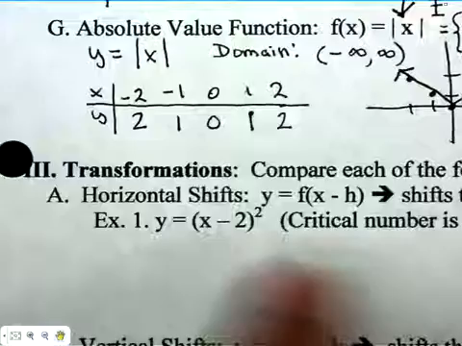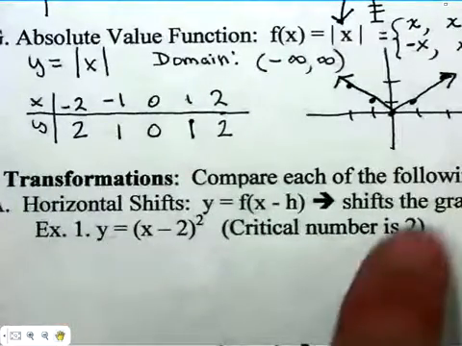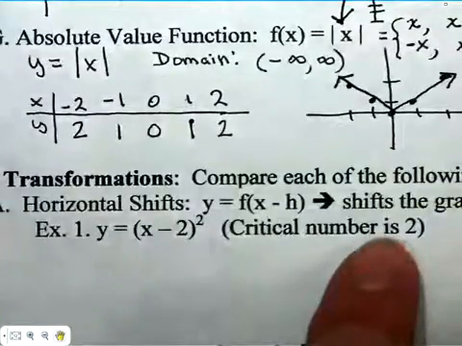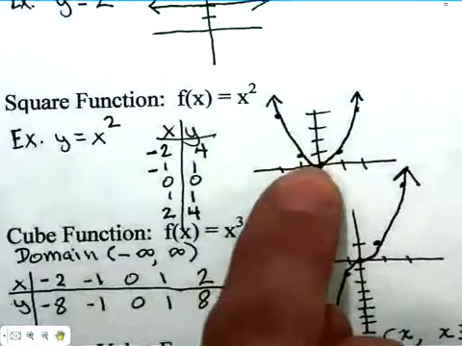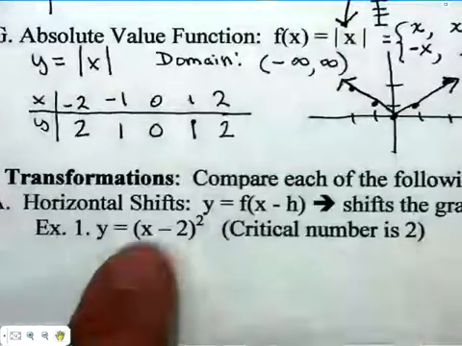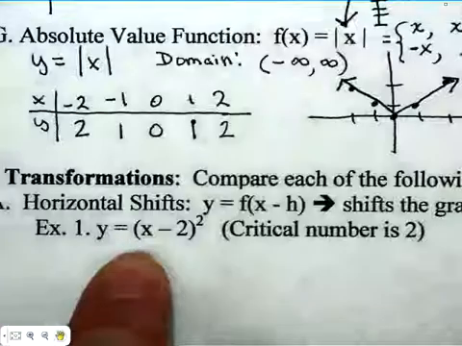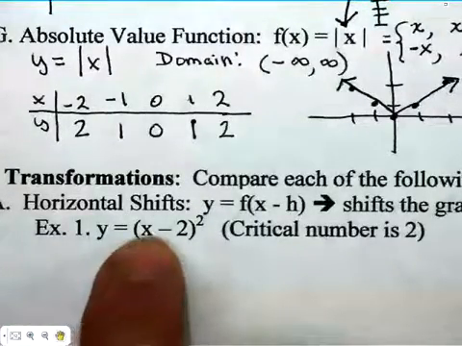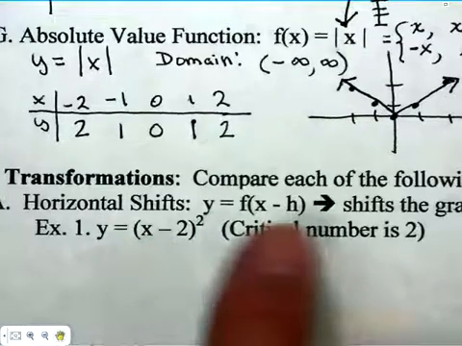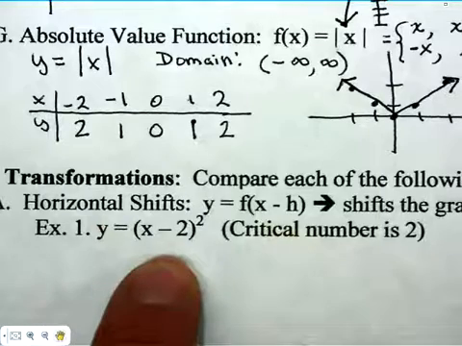So one way to think of it is this critical number, the critical point of that function, which for the quadratic equation is its vertex, is 2. It's always going to be whatever makes the inside of the absolute value, or squaring, or square rooting, become 0. So the critical number is 2 because that's what causes the inside of the parentheses to be 0.